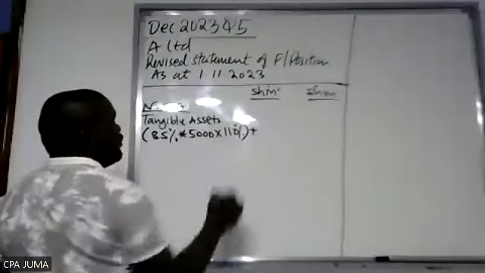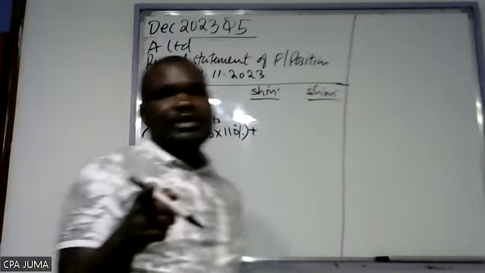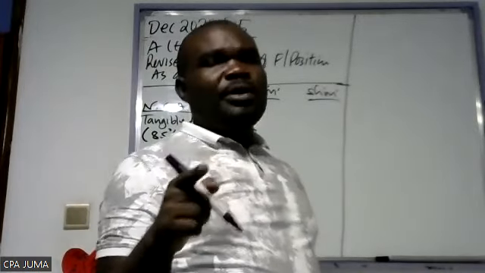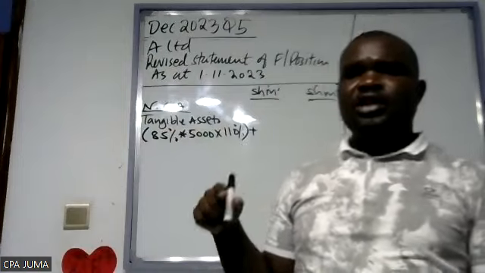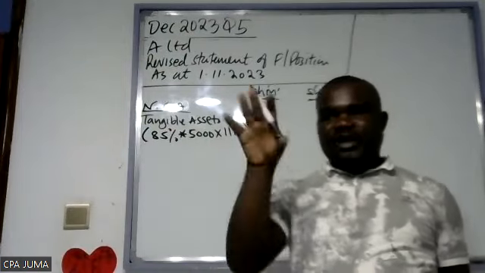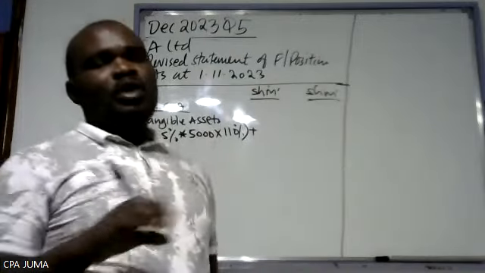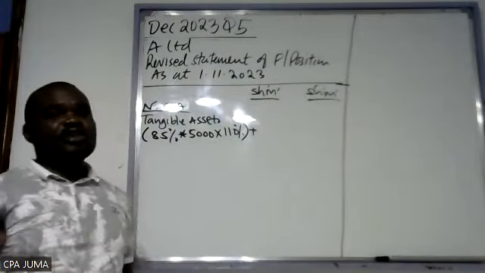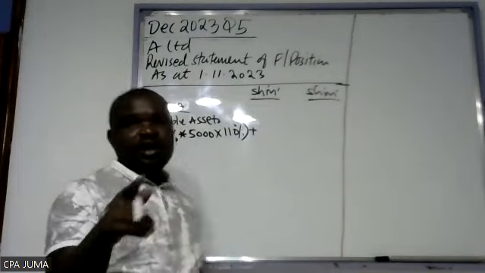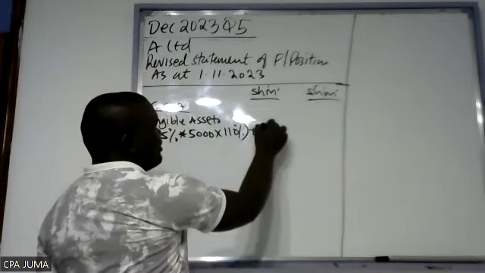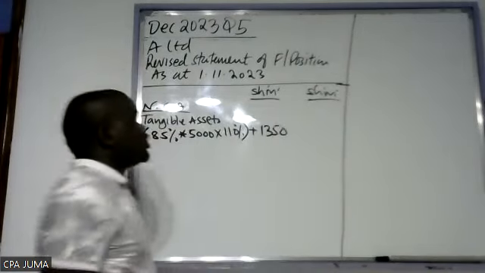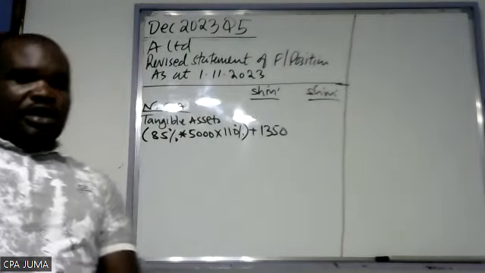Plus, there was equipment. What was the value of equipment which preference shareholders brought? It had a value of how much? Yeah, 1350, to stand by. So they brought in 1350.